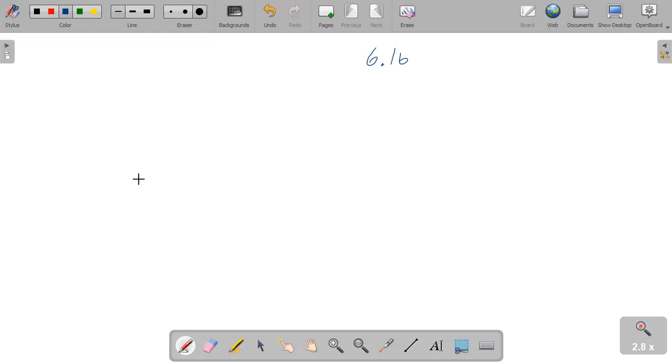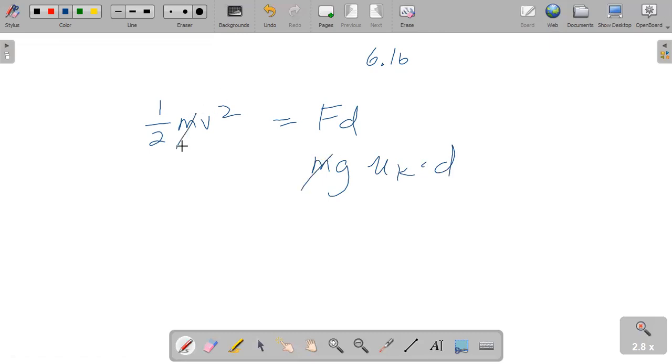Okay, so our initial energy is 1/2 mv squared equals fd. F is friction, mg, the normal force, times mu k times d. So I don't need my m's.